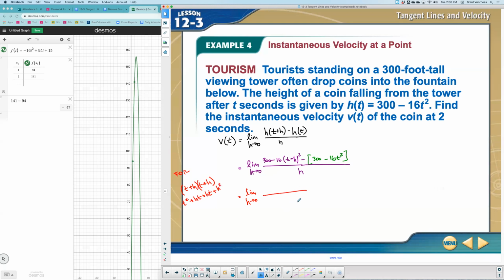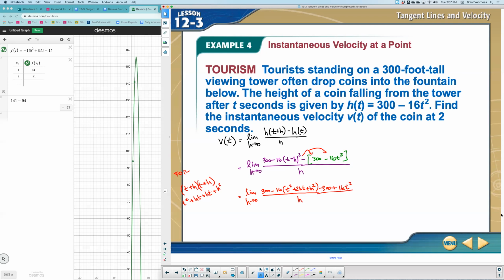So we would have 300 minus 16 times t squared plus 2ht plus h squared. And then when I distribute the negative through the next portion, minus 300 and minus a negative would be a plus 16t squared. All this divided by h.